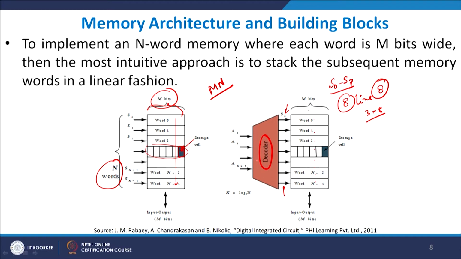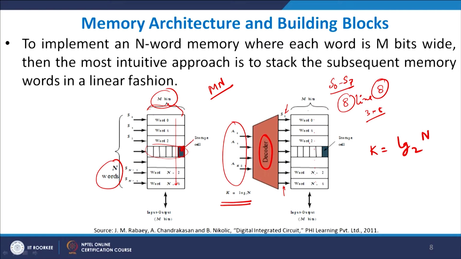So there will be 3 address lines being inserted, because k is basically log n to the base 2. So k equals log n to the base 2, where n is the number of words.